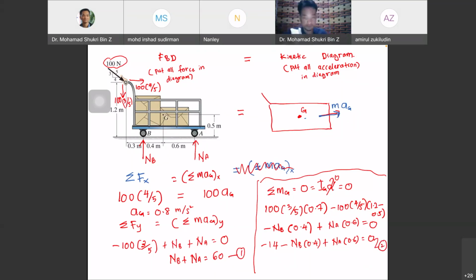So equation unknowns 2, 1, 160. Equation 2 minus 0.4, 0.6, 14.